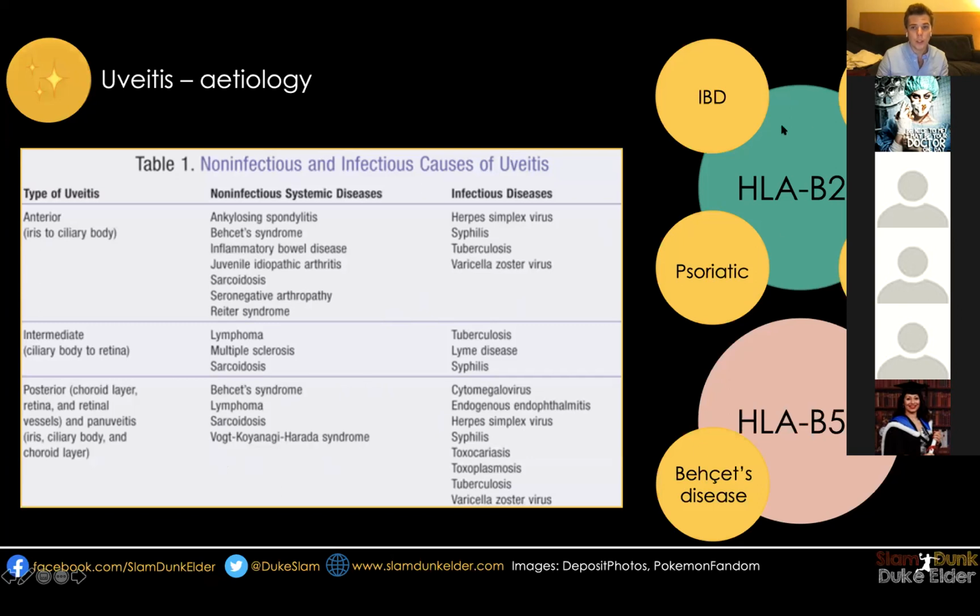So focus on the systemic conditions, be aware of how they present, like ankylosing spondylitis, Behçet's, dry mouth, dry mucosal tissue, IBD, loose bowel movements, blood, JIA, pediatric group, monoarticular, polyarticular, sarcoidosis, progressively worsening shortness of breath. Think about endemic countries.